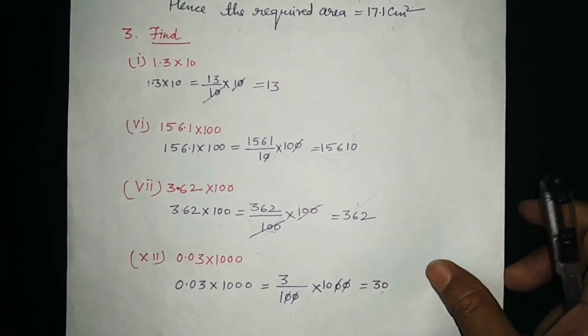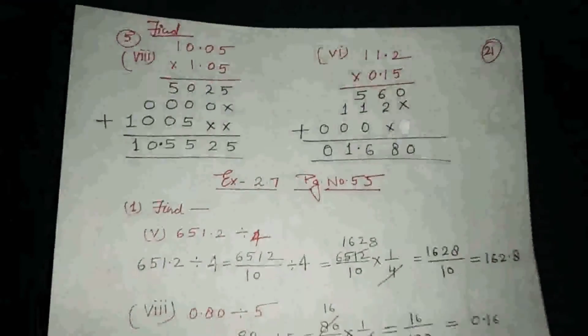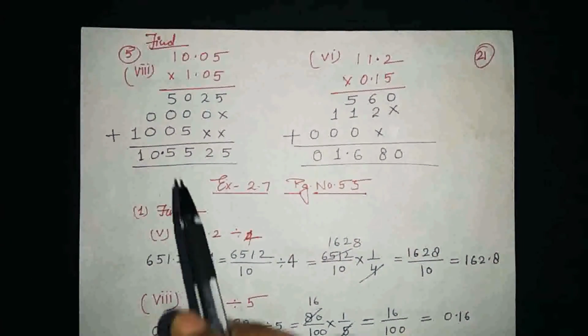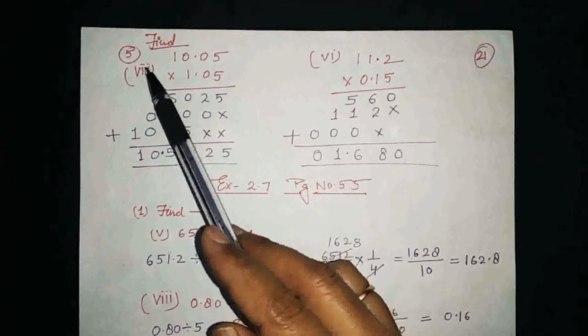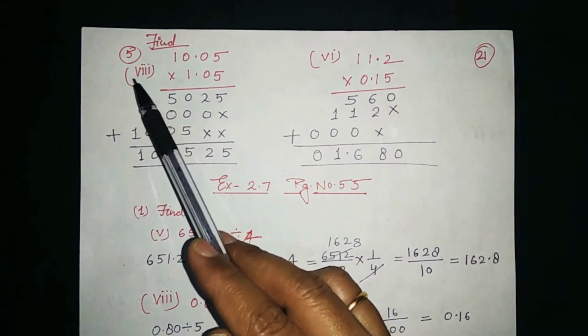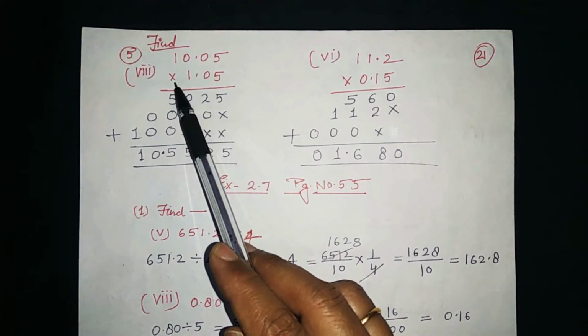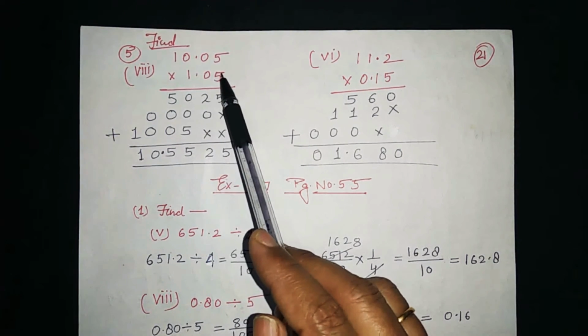Now see the fifth question, eighth part. Question is 10.05. We have to multiply by 1.05.